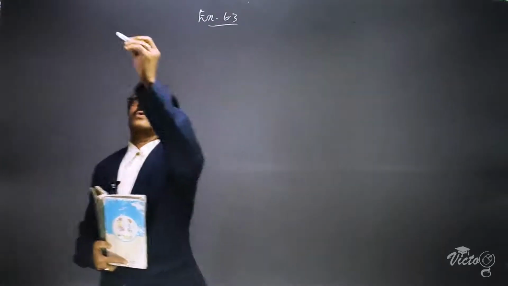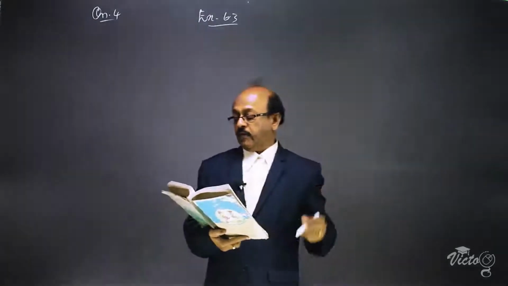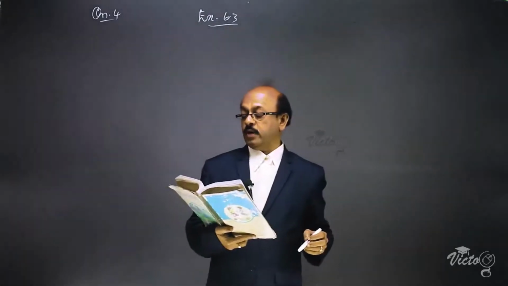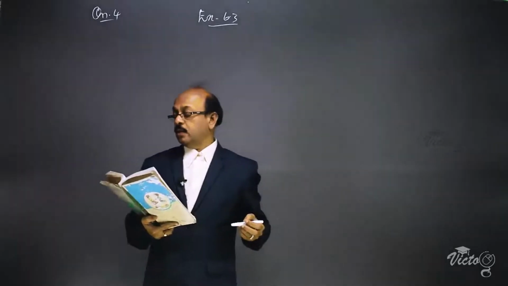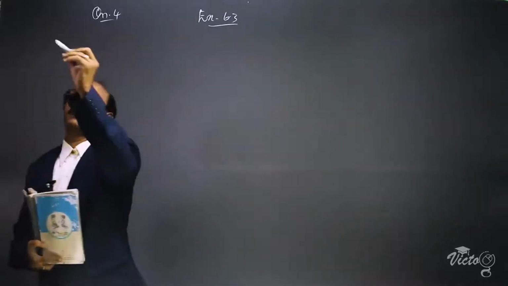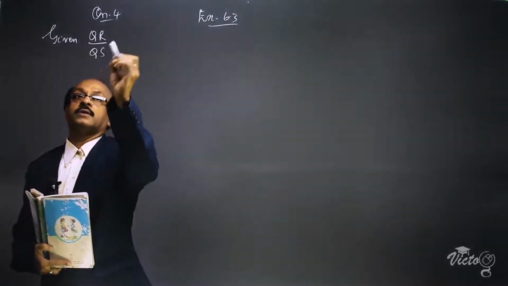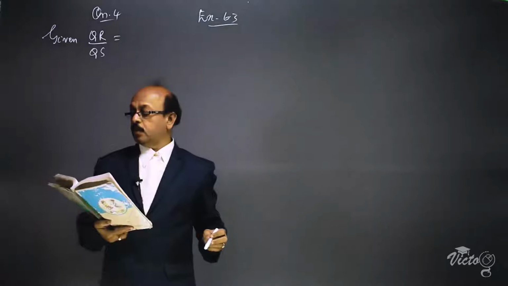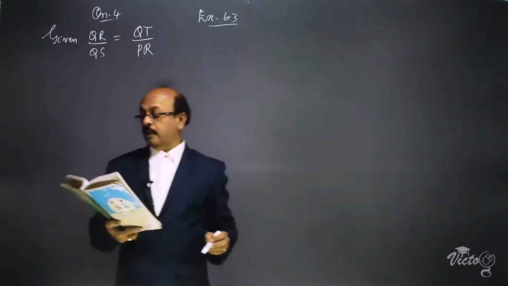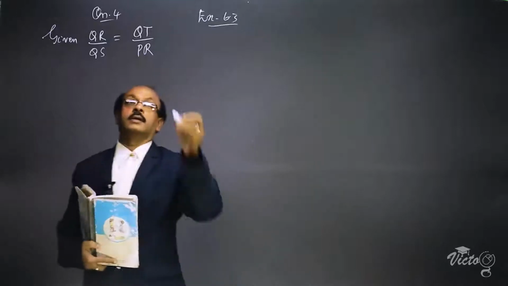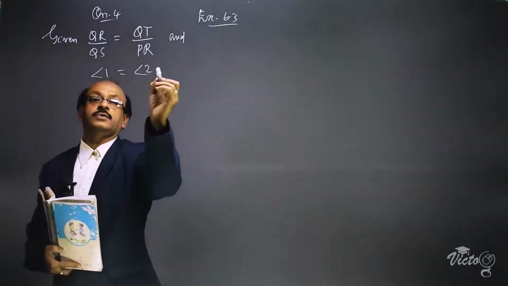Exercise 6.3, question number 4. The question is, in the given figure, QR by QS is equal to QT by PR, and angle 1 is equal to angle 2.